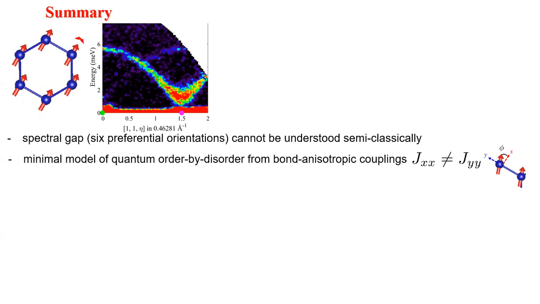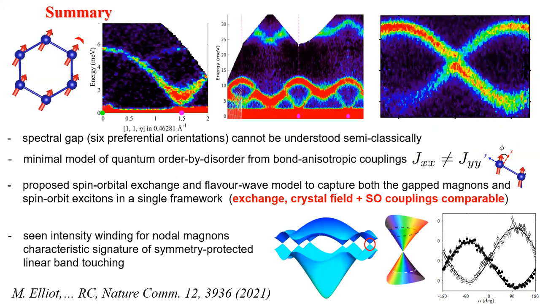So the idea here is that the zero-point fluctuations do select preferentially some spin orientation, whereas classically that cannot be explained. And then I've also described a more comprehensive picture, which involves also the orbital degrees of freedom. And we believe this is more relevant here because magnetic exchange, spin orbit coupling, and trigonal crystal field are all comparable.